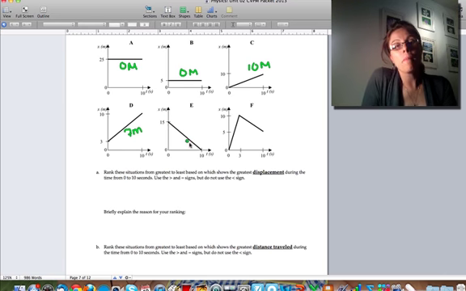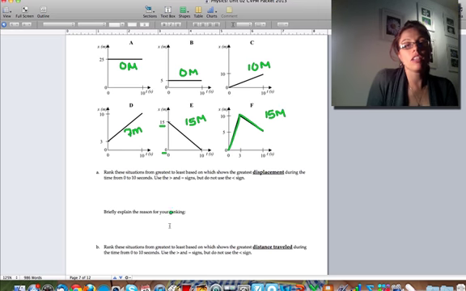So even though we went backwards 15 meters from 15 to 0, all that matters is how far we went. So we went 15 meters. Now in this one, we went 10 meters here, we went from 0 to 10, and then we went 5 more meters here. So we went a total of 15 meters.